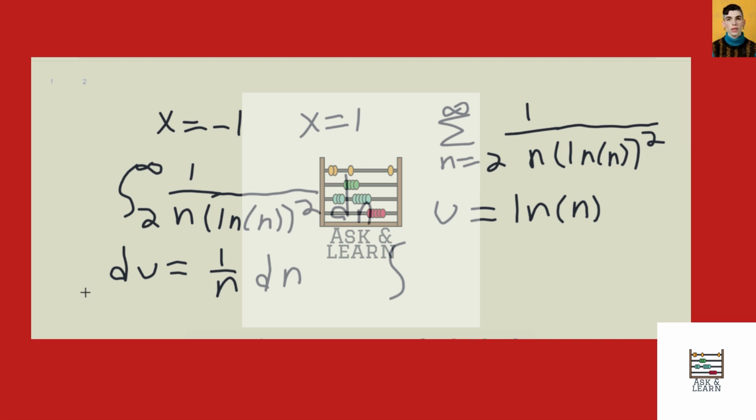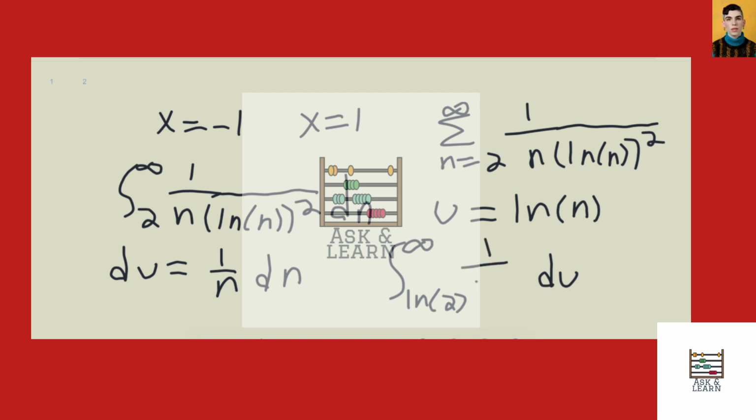Okay, so if n is equal to 2, then u is equal to natural log of 2. When n is equal to infinity, u is equal to natural log of infinity, which is still infinity. Here we have a 1 over n dn, so we'll replace that by du. And then here we have natural log of n, but natural log of n is just u.